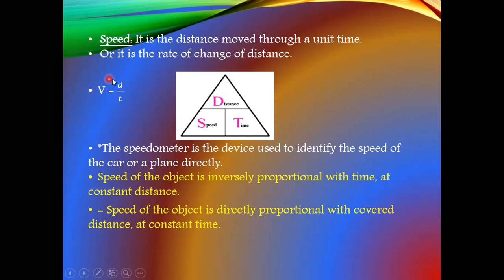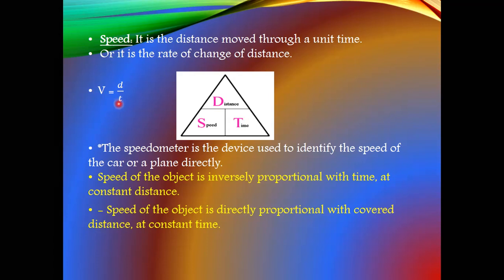Anything with the one on top in the equation is directly proportional, and anything with the one at the bottom is inversely proportional. What does directly mean for the one on top? It means when the distance increases, the speed increases, because they are directly proportional, at constant time. I must state the third thing: at constant what? Time. If I don't say at constant time, my answer is incomplete. Now, this relation is directly proportional. It's not the same when I get the relation between speed and time. They are inversely proportional.